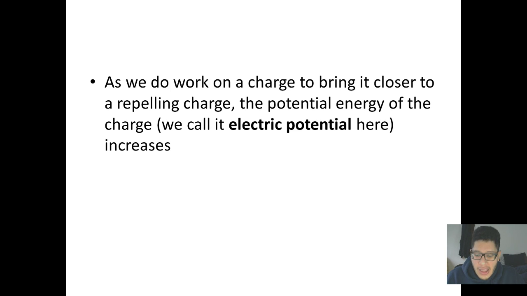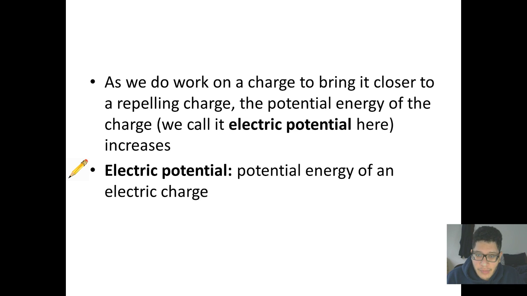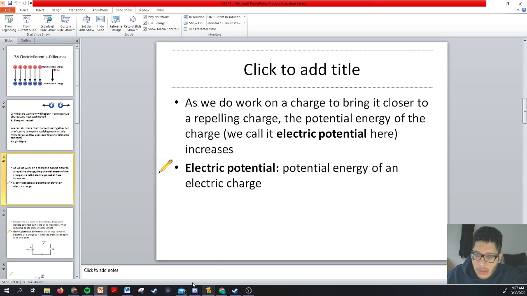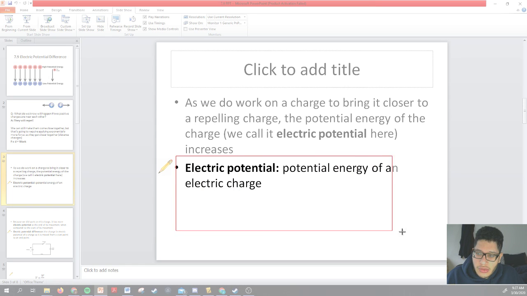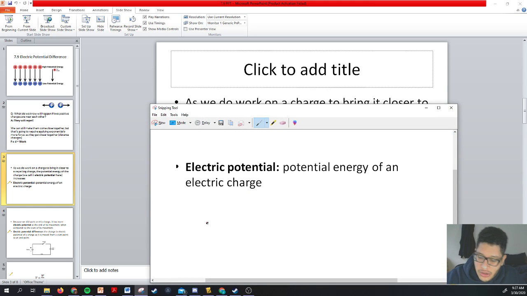And we can kind of write down a definition for that. Electric potential is the potential energy of an electric charge. So what I want you to keep in mind here is that a lot of times on the Regents they'll talk about electric potential and work interchangeably.